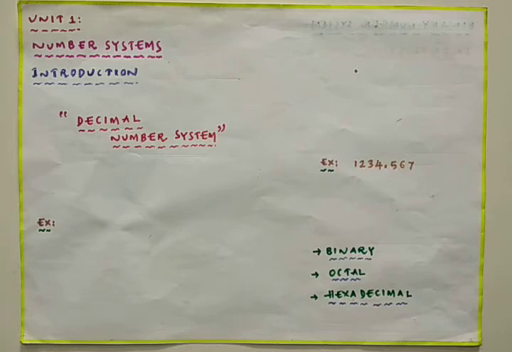If you take any number in the decimal number system, the leftmost digit has the highest positional weight, so it is named the most significant digit, and the rightmost digit has the least positional weight, so it is called the least significant digit. These are called MSD and LSD.